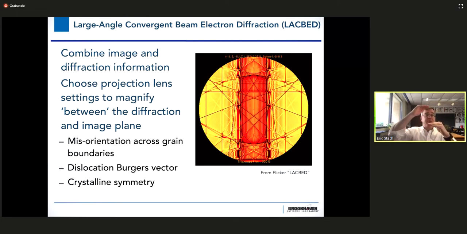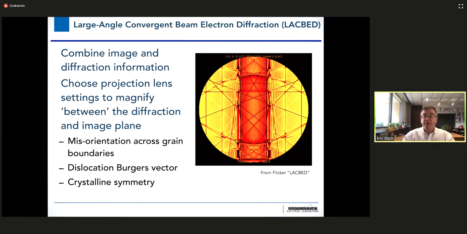If you look between the back focal plane and the image plane, you impose the diffraction information upon the sample. And again, you can use this to understand things like misorientations across grain boundaries, defect characters, as well as crystalline symmetry. This is called a large angle convergent beam pattern. Not going to spend a lot of time on it.